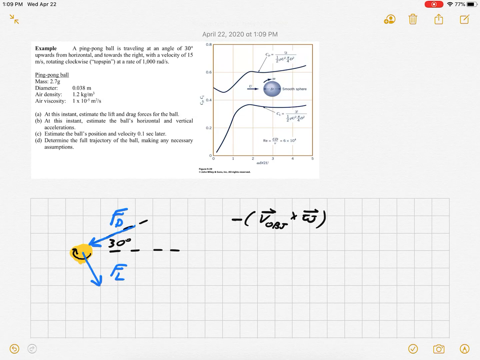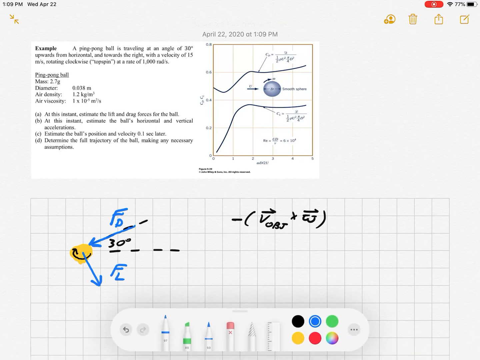So in the interest of not going super slow here, I am going to just write out the calculations and then leave it to you to punch these into your calculator. So I got a Reynolds number, well, I will write this one out just as a warm-up: 15, the diameter of the ball, and then viscosity is in the denominator, 10 to the negative 5th.